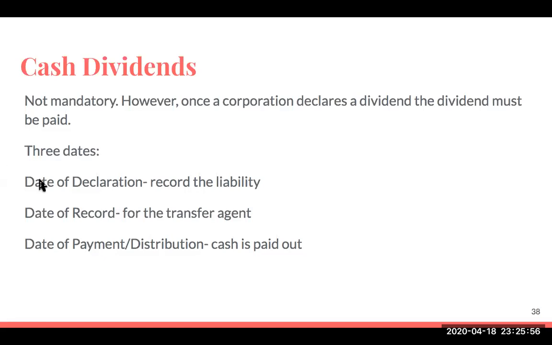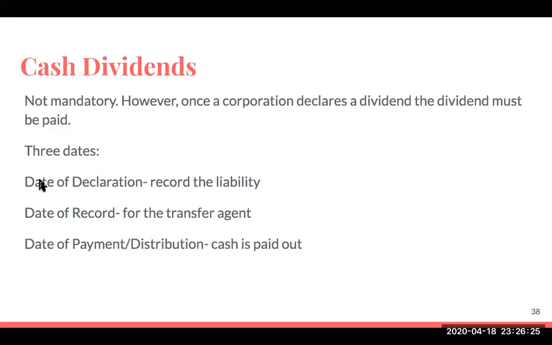The 2 dates from an accounting perspective that we're most interested in are the date of declaration, which is when we're going to actually record the liability, and the date of payment or distribution, when we're actually paying out the cash. In general, the date of record is something for what we call the transfer agent. What is a transfer agent?